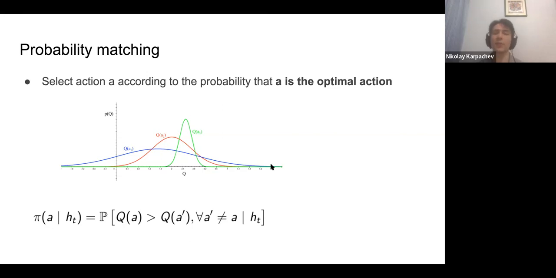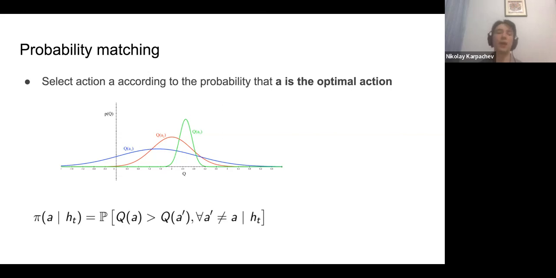Whereas it is not very logical, because the green action is almost always better than the blue one from this plot. And hence, there is another perspective to select actions for exploration.